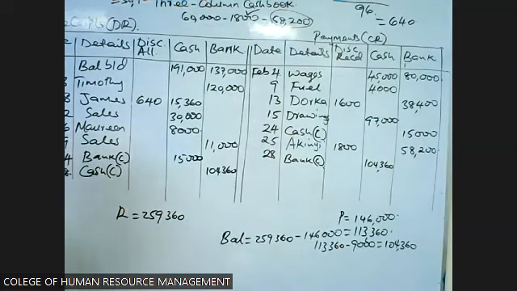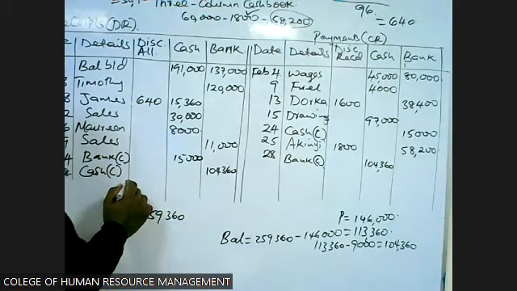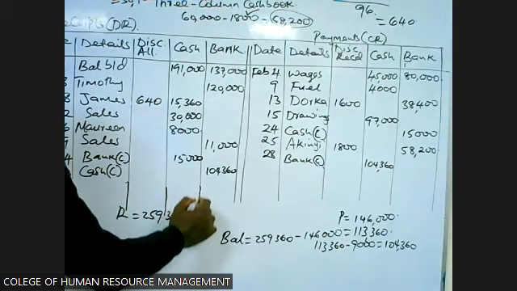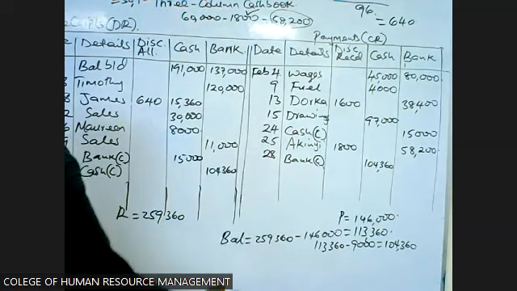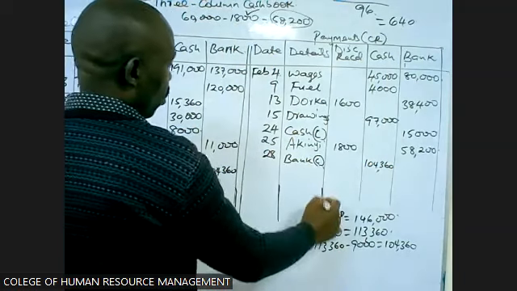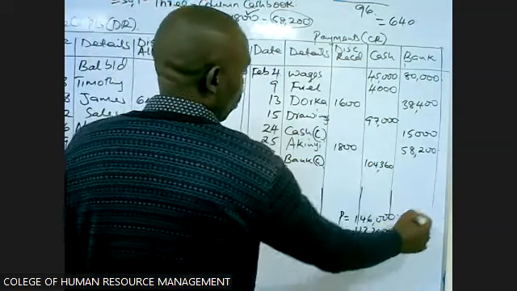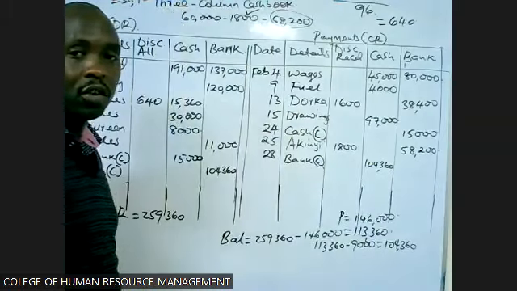Note here, for the discounts, we don't balance them. We simply take their totals.